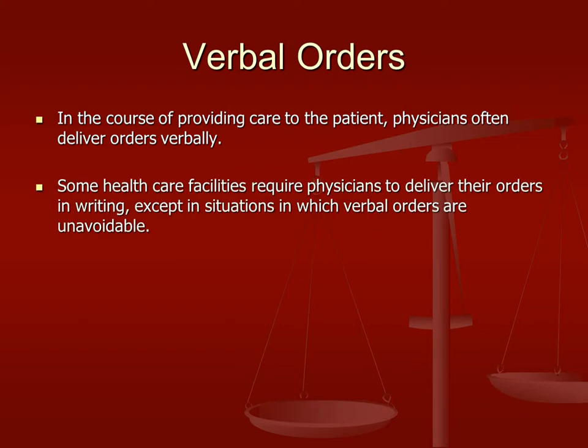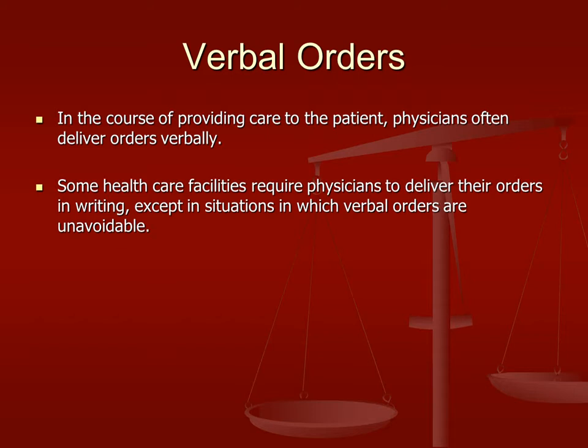Now, some healthcare facilities will not accept verbal orders unless the situation is unavoidable, meaning a physician has called from home or from the office and says we need this on this patient, and the physician will give a verbal or telephone order because they're not in the proximity of the record and can't key into the electronic health record or write in a paper record the order.